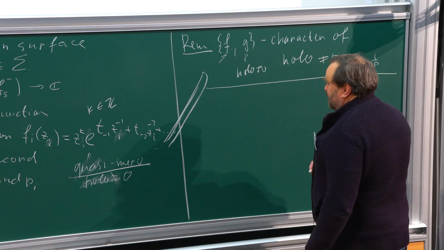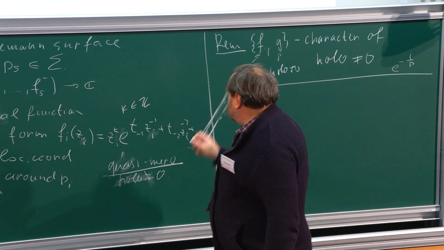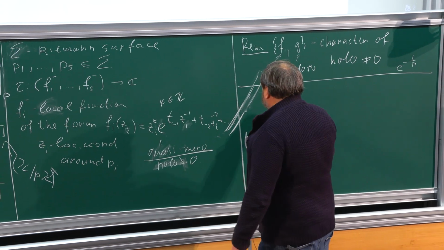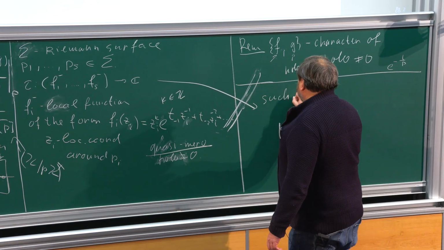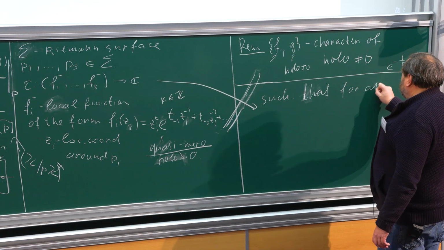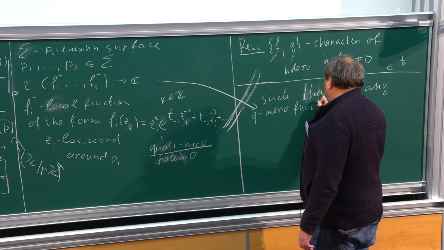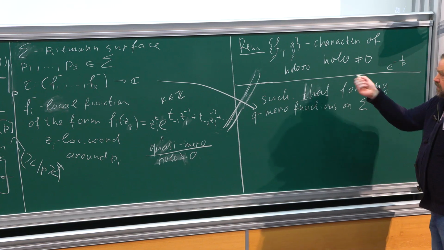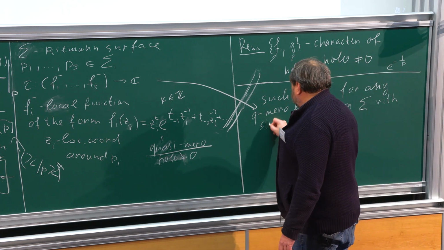Okay, so now I come back to tau functions. A tau function by definition is a function which has the following property: for any quasi-meromorphic function on sigma with singularities at the given points P1, etc., PS, it is invertible, let's say.